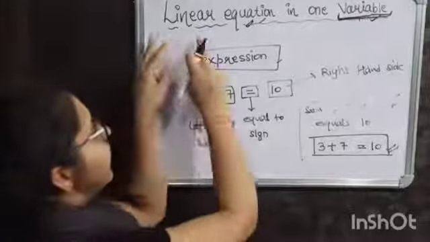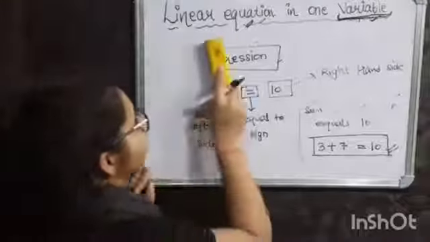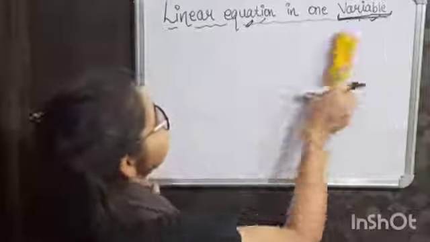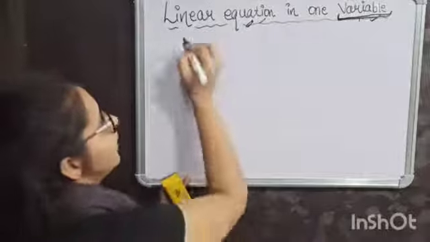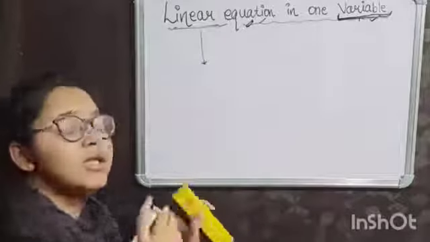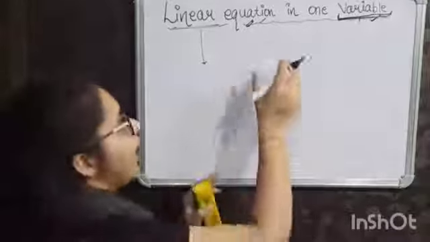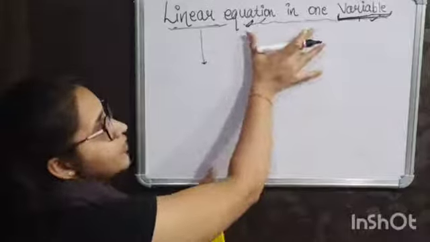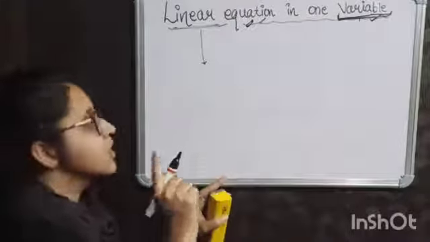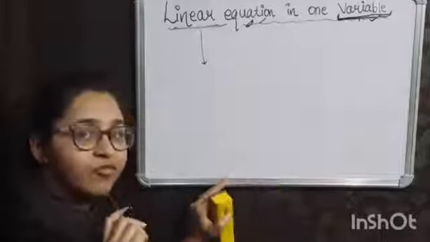Now we are left with one term, that is linear. We have done equation, variable, expression, constant, and now we will understand what is linear. Linear means 1, and this whole expression, linear equation in one variable, means you have an equation that contains one variable.